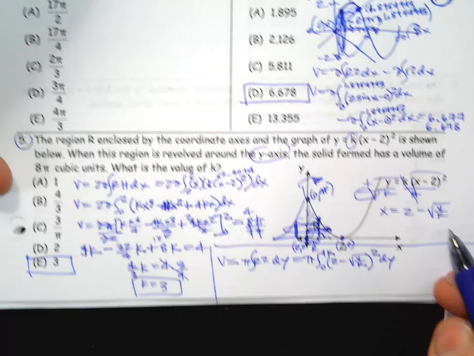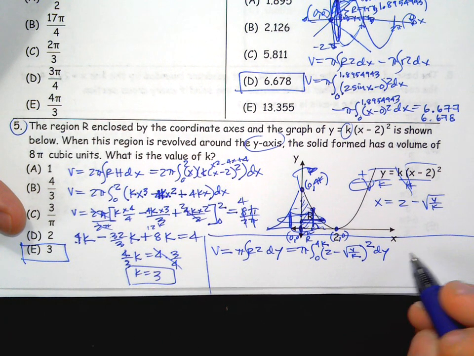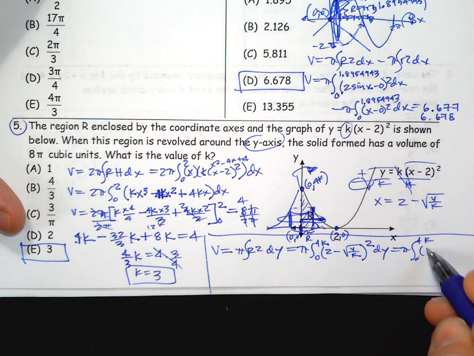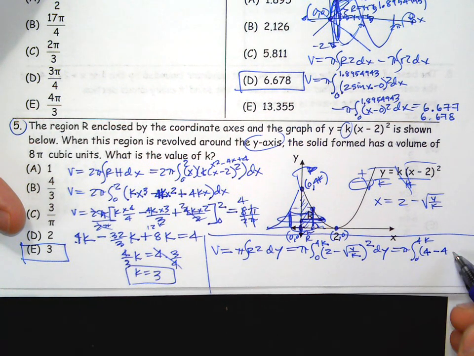Now, we're going to multiply. If you're going to integrate this by hand, you would want to then FOIL this out. That'd be 4 minus 4 square root of y over square root of k. I'd break those up. Plus y over k, dy.